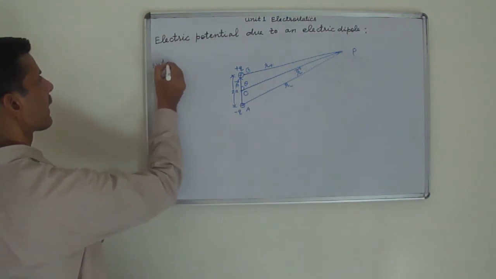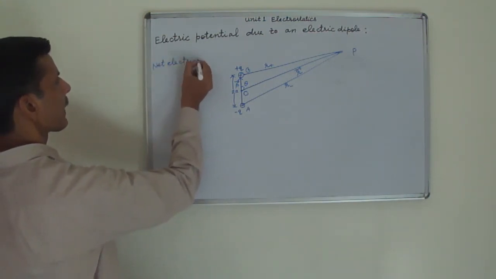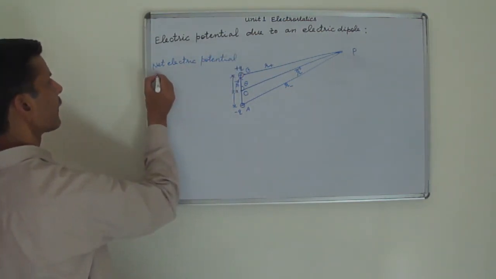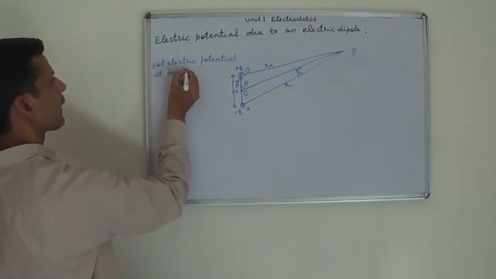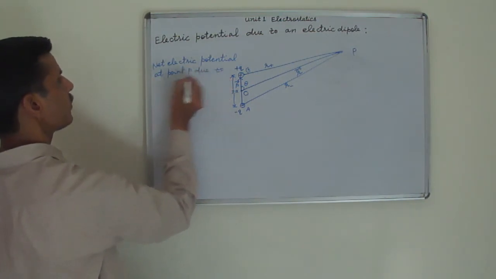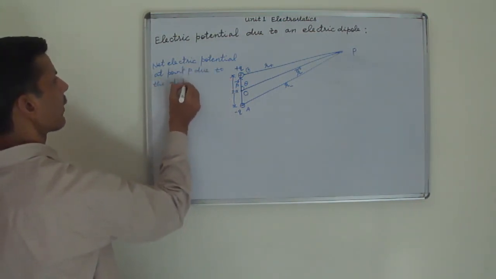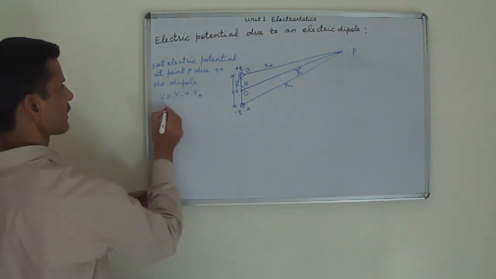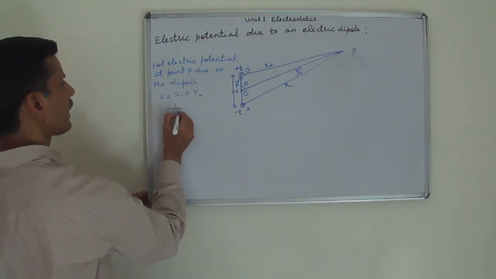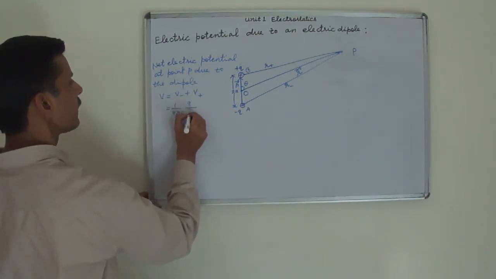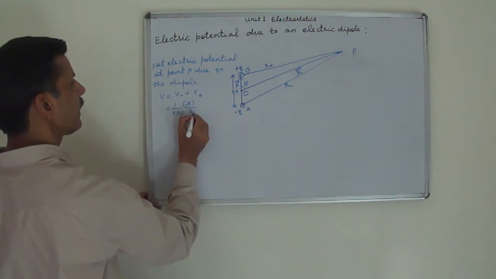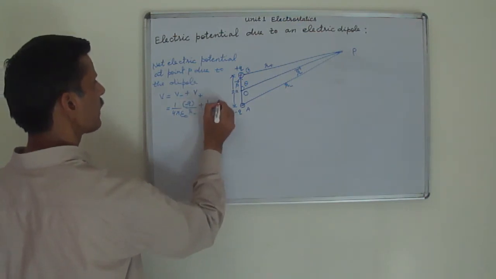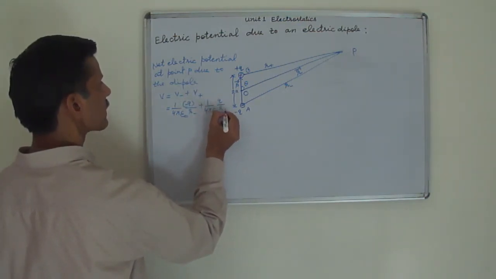So net potential at point P due to the dipole, V is equal to V minus plus V plus, and V minus is equal to 1 upon 4 pi epsilon naught, minus Q upon R minus, plus V plus is equal to 1 upon 4 pi epsilon naught Q upon R plus.